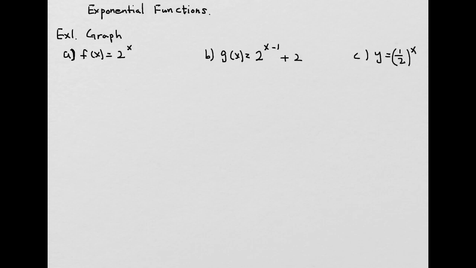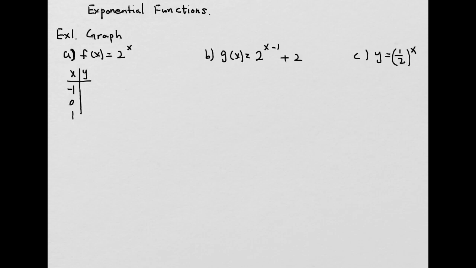The way that we're going to graph, because we don't know the shape of an exponential at this point, we're going to graph by plotting points. So we're going to have x and y. And since we don't know the shape, let's try one negative number, 0, and a positive number, maybe 3. And if you need to plug in more points, that's what we need to do.